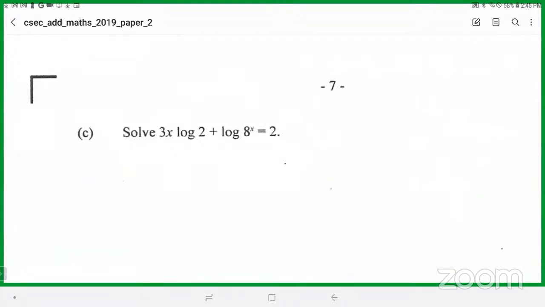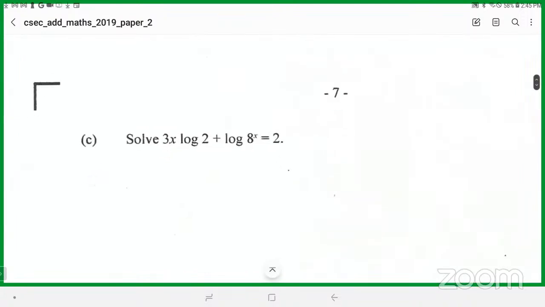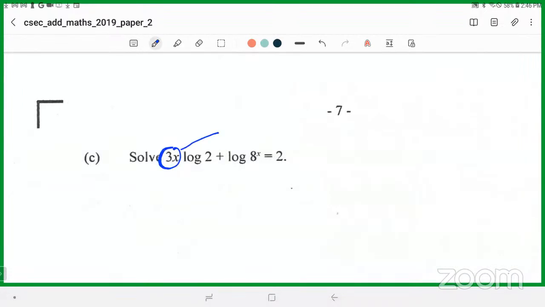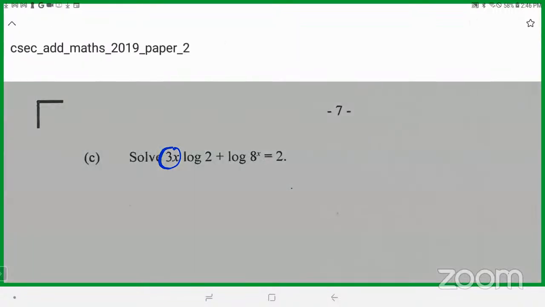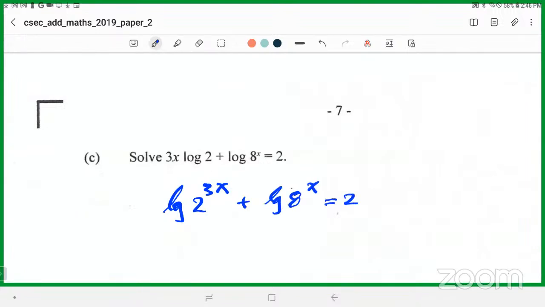All right, so I want us to solve this for x. I can carry up the power, put it as a power, and get log of 2 to the 3x plus log of a to the x equals 2.